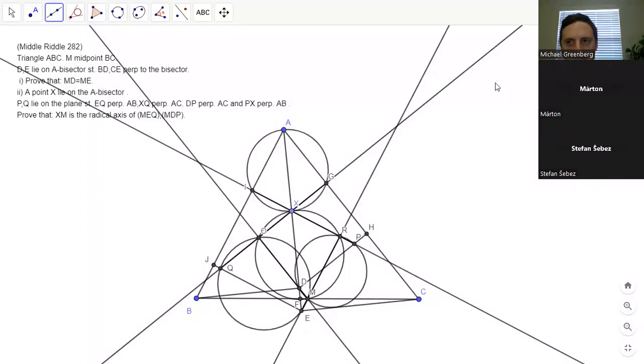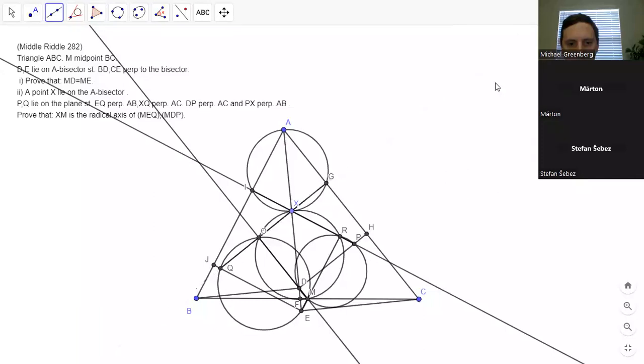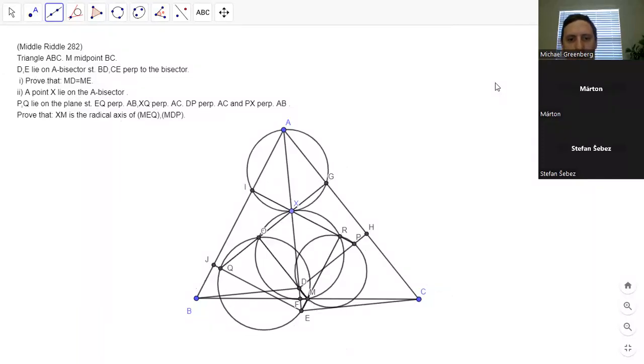So let me think about that. Yeah, I think it's not sufficient to show that those are equal angles. Yeah, no, you're right. It's not sufficient, because PX could be way out here, but then if we extend it, we would get a similar triangle.